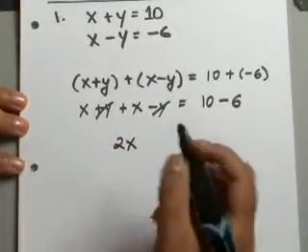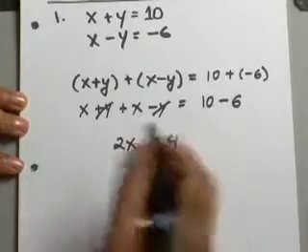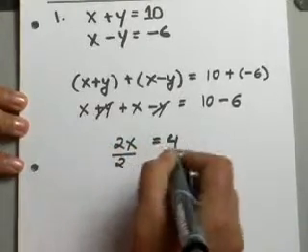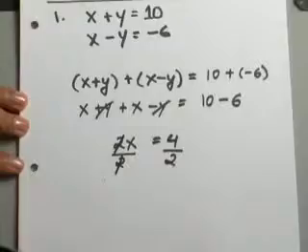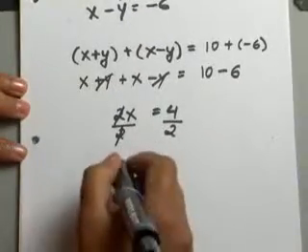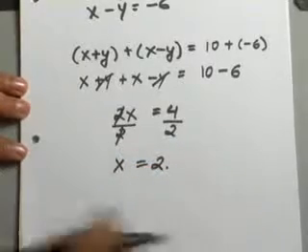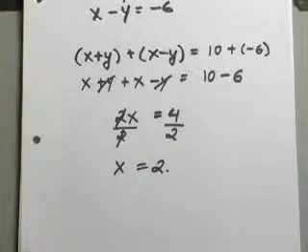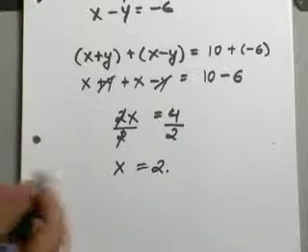So that will give you 2x equals 16. Solve for x, move your 2 over to the other side, and you will end up with x equals 8. So as you can see with the elimination method, you are basically eliminating one of the two variables and solving for the other.